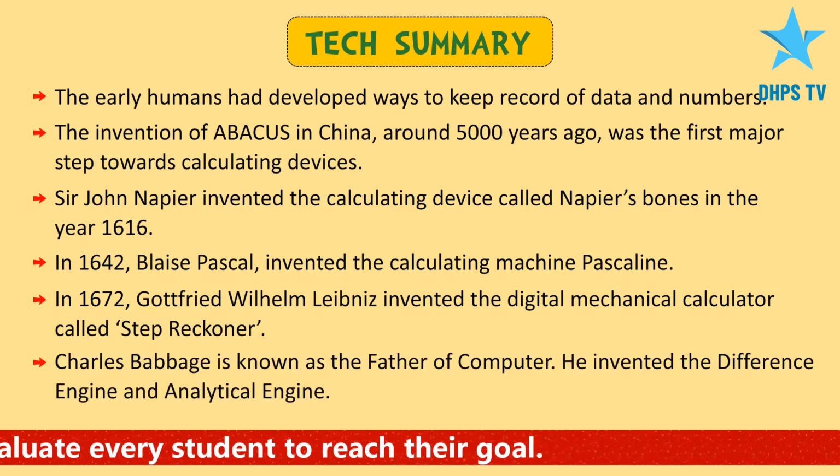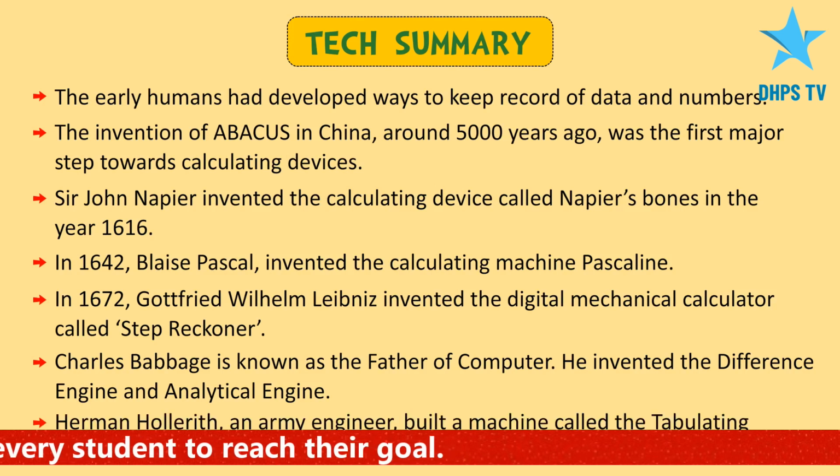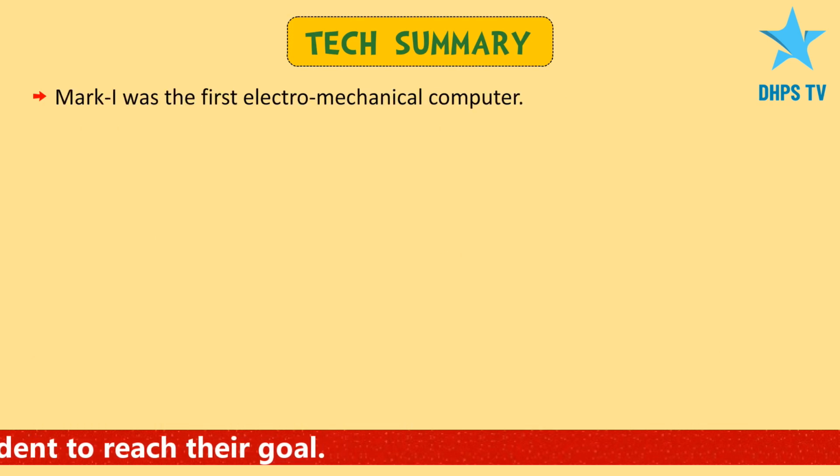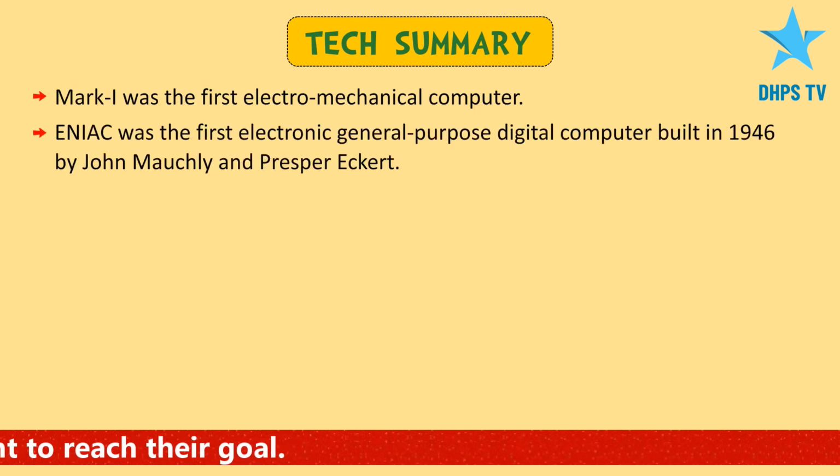Charles Babbage is known as the father of the computer. He invented the difference engine and analytical engine. Herman Hollerith, an army engineer, built a machine called the tabulating machine in 1890. Mark I was the first electromechanical computer.